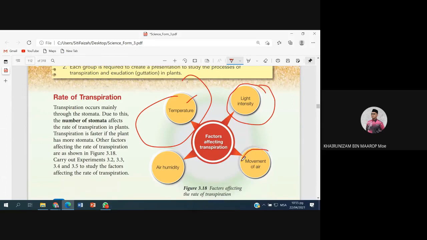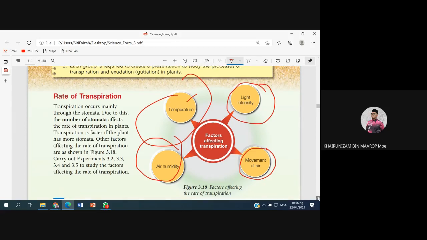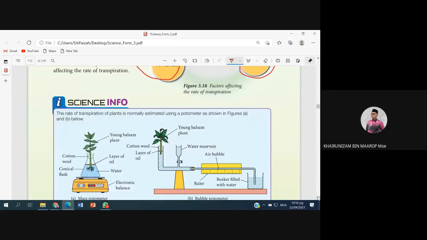Then movement of air. And lastly is air humidity. So these are the 4 factors affecting transpiration. Okay, so in this one, you need to carry out the compulsory experiment.